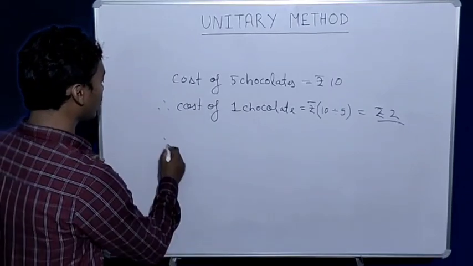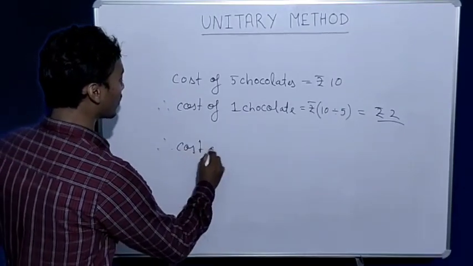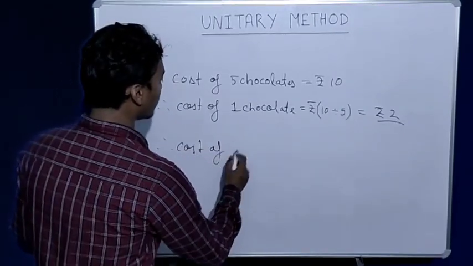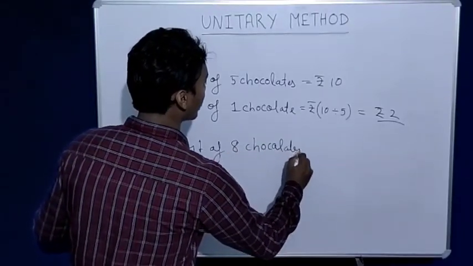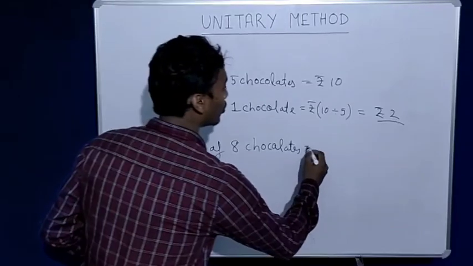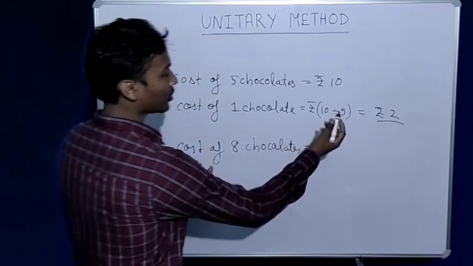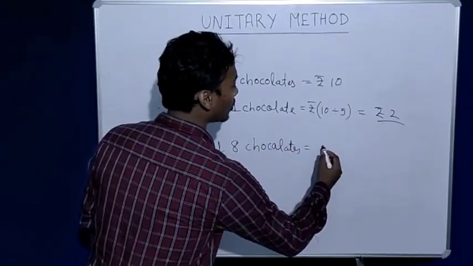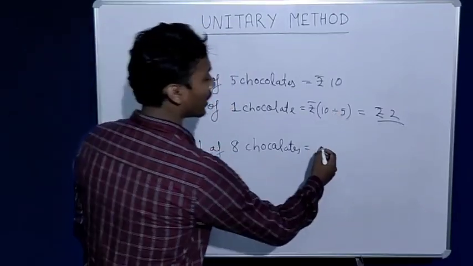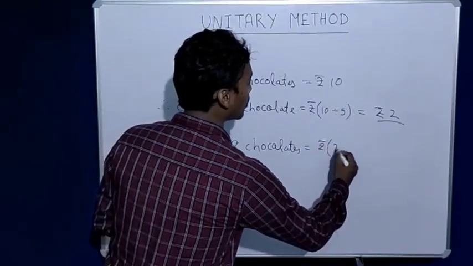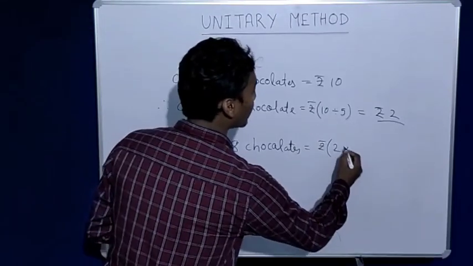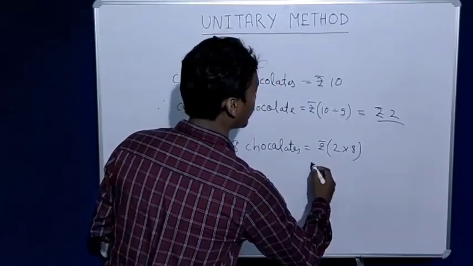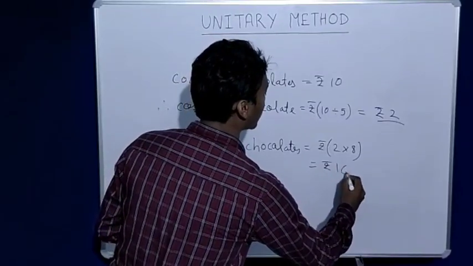So if I have to find the cost of 8 chocolates, what can we do? We can simply multiply the cost of one unit, that is rupees 2, by the number of units that is required, that is 8, which will give you rupees 16.